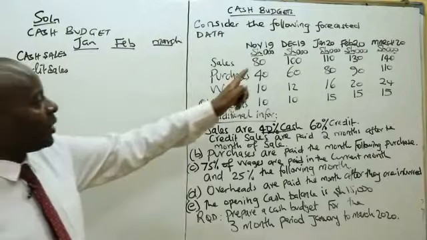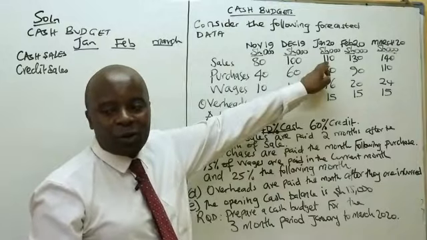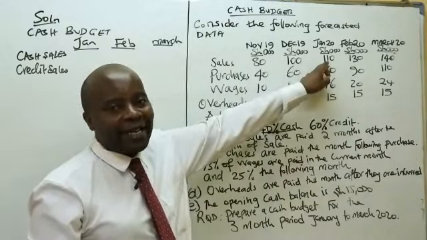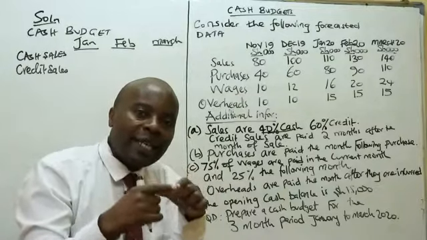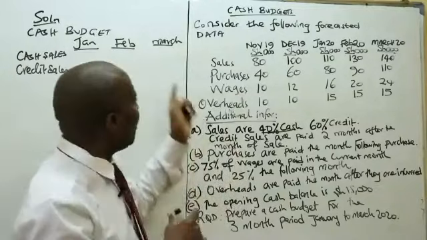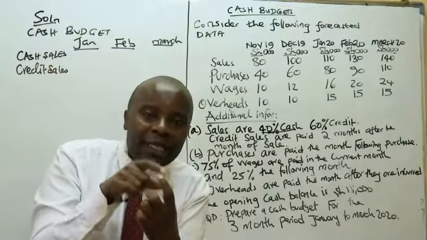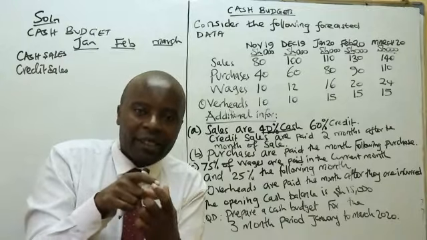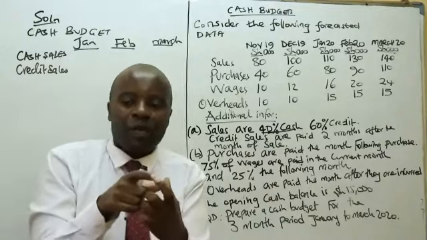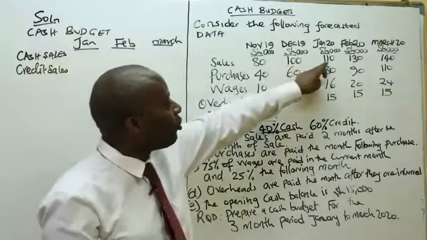So please come here. We can see January 2020. We sold goods worth 110. Out of these 110, we're interested in the cash amount. Remember, you are doing the cash budget. Out of the 110, 40% was received in the same month, on a cash basis. So in this case we have 40% of 110.